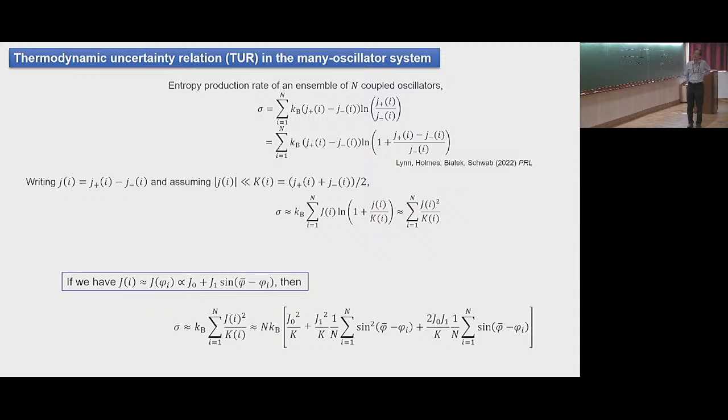And if this diffusion constant part is smaller, that is, the coherent motion is larger than the diffusive motion, then this part can be approximated like this, J squared over K. And this is the part representing the many-body effect.